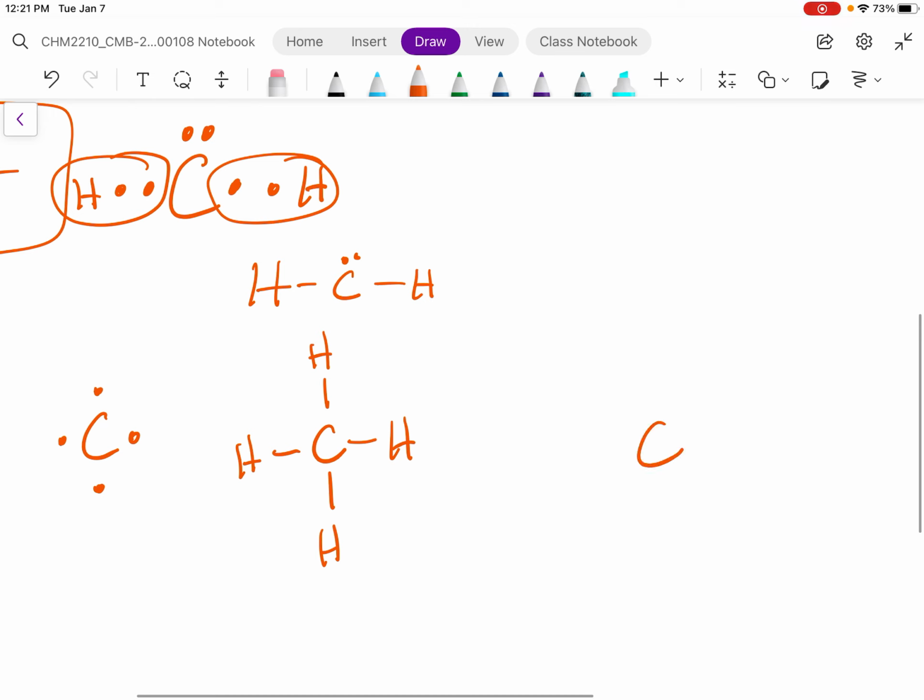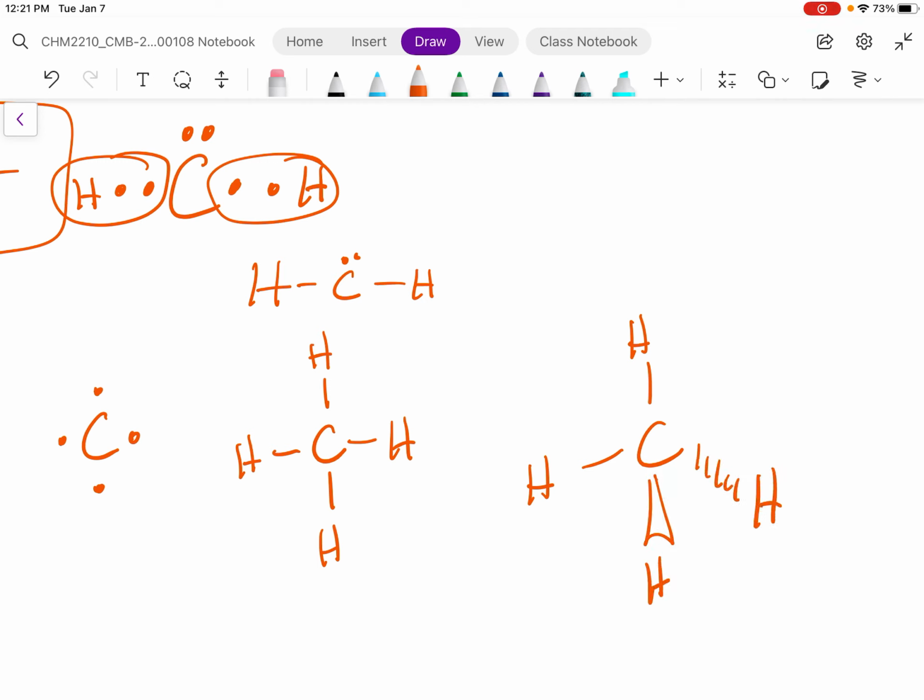We have a carbon atom with a hydrogen and a hydrogen in the same plane. And then we have a wedged hydrogen and a dashed hydrogen like that. Now, what does that look like? My apologies, I forgot to bring my big model, so this will have to do.